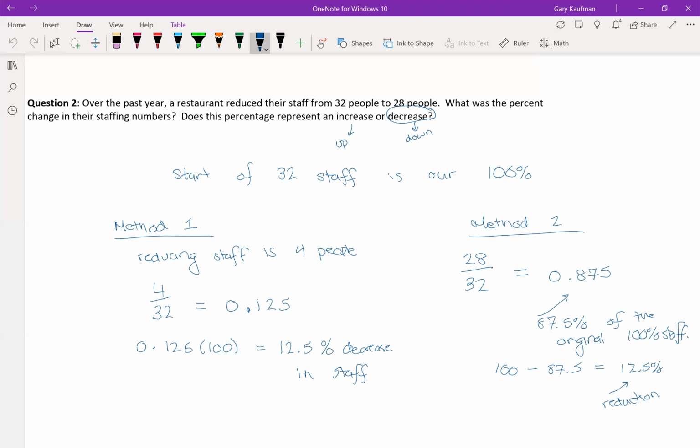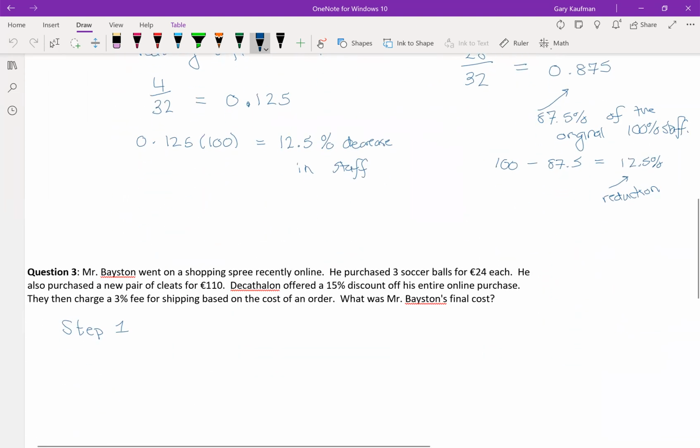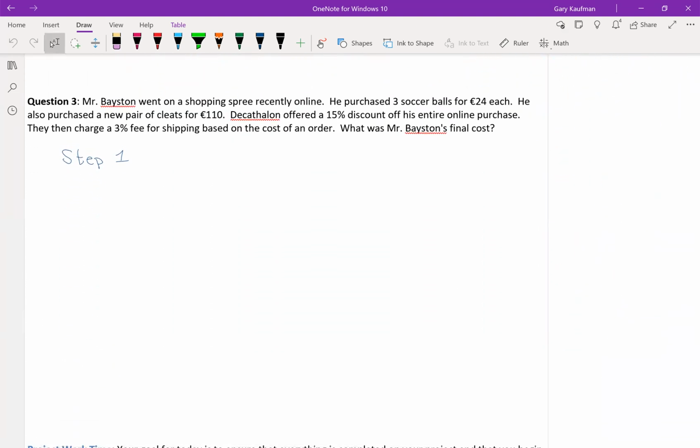Let's go on to question three. So again, we have multiple steps here. First, Mr. Basting goes and purchases 3 soccer balls for 24 euros and a new pair of cleats for 110. Well, my step one is finding his total bill.